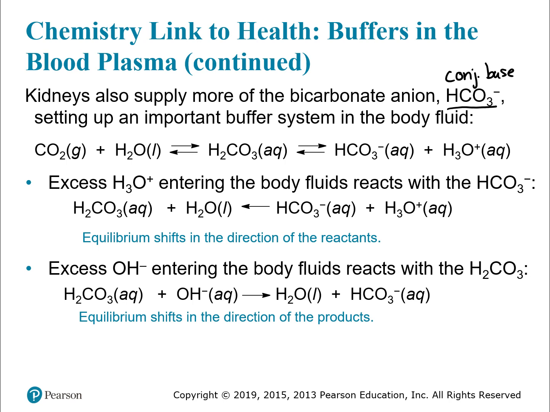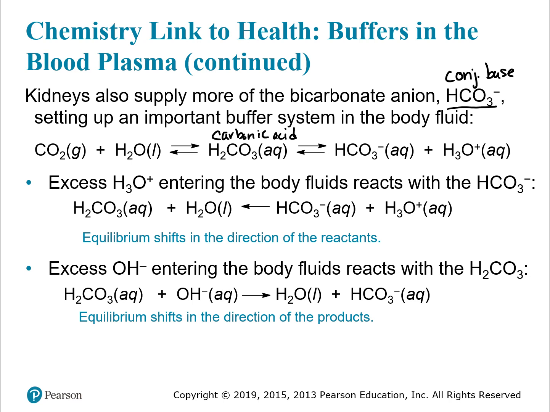So we said carbon dioxide is a product of cellular metabolism. It gets dissolved into our fluids. We make a weak acid. That weak acid makes a conjugate base and hydronium ions, and the kidneys also add some conjugate base.